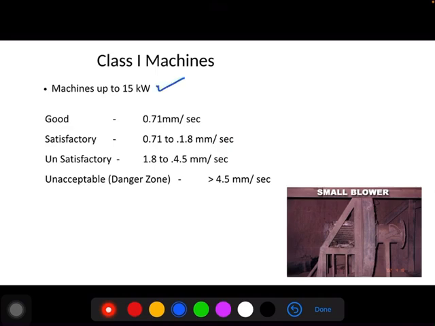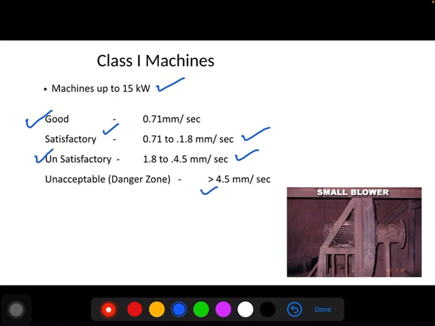If the machine is running below 0.7 mm per second, then it is treated as good. If the vibration is around 0.7 to 1.8 mm per second, it is satisfactory. If it is 1.8 to 4.5 mm per second, it is unsatisfactory. And whatever the vibration is above 4.5, it is treated as the danger zone. We should not run the machine above 4.5 mm per second for class 1.